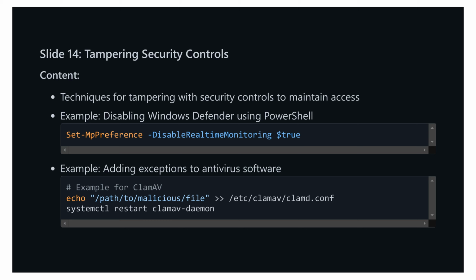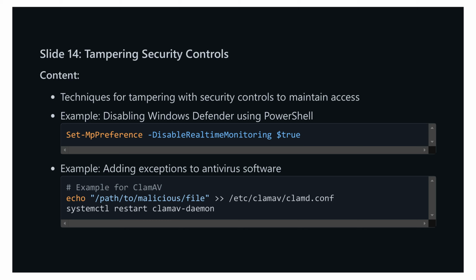For instance, one common approach is to disable Windows Defender using PowerShell. The command Set-MpPreference -DisableRealtimeMonitoring $true can be used to turn off real-time monitoring, effectively neutralizing one of the primary defenses on a Windows system.